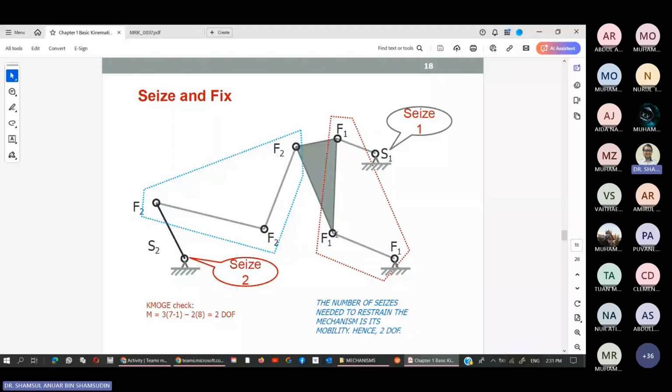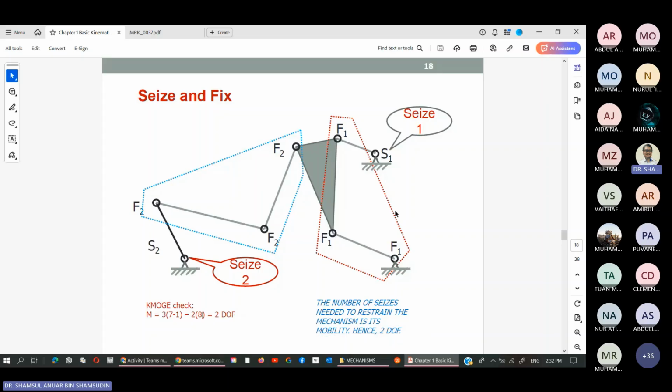So they are J1, revolutes are J1. So we have 1, 2, 3, 4, 5, 6, 7, and 8. So 8 over here. So 7 minus 1 is 6. 6 times 3 is 18. Minus 2 times 8 is 16. So 18 minus 16 will give us 2 degrees of freedom. 2 DOF.